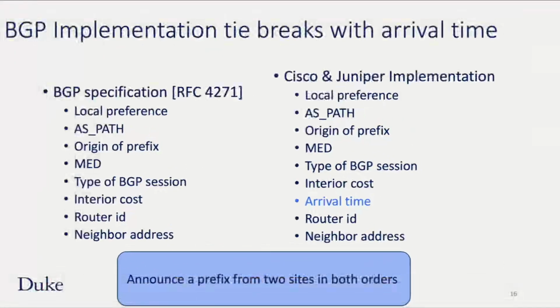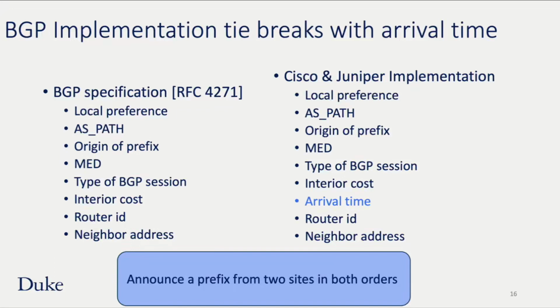In the BGP specification, it follows a sequence of those factors. But on the right side is the state-of-the-art implementation of BGP tie breaking. We see that there is one additional factor here, which is the route's arrival time.